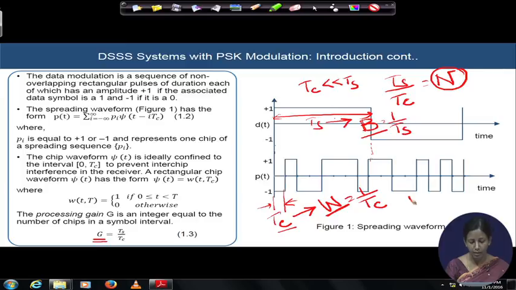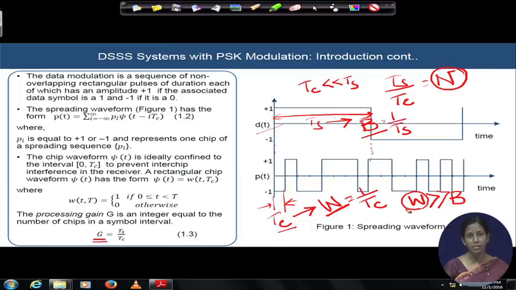So obviously W will be much greater than B. Earlier, without spreading, you required a bandwidth of B to transmit the data signal d(t); now you require a bandwidth of W to transmit the spread signal d(t) times p(t). So, that is why we call it spread spectrum communications.